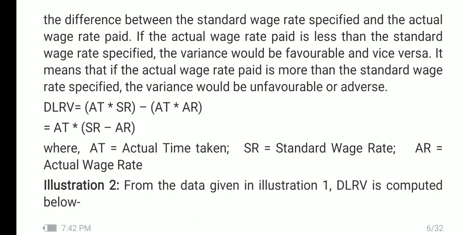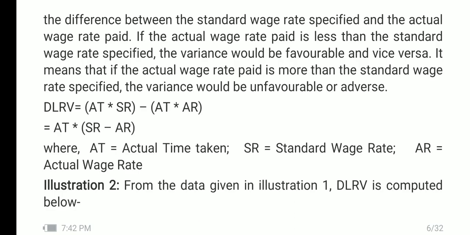See here, the difference between SR and AR, standard wage rate and actual wage rate, will give us the variation, and when multiplied with AT, actual time taken, will give us direct labor rate variance.